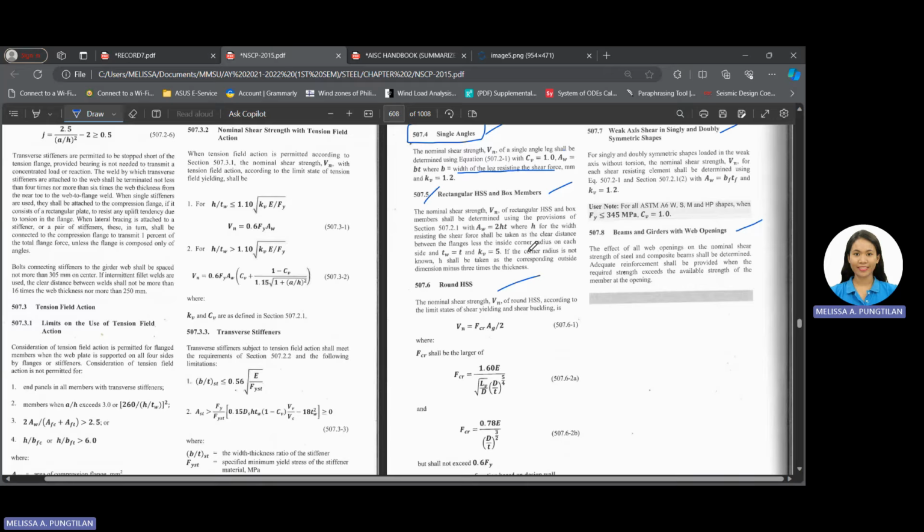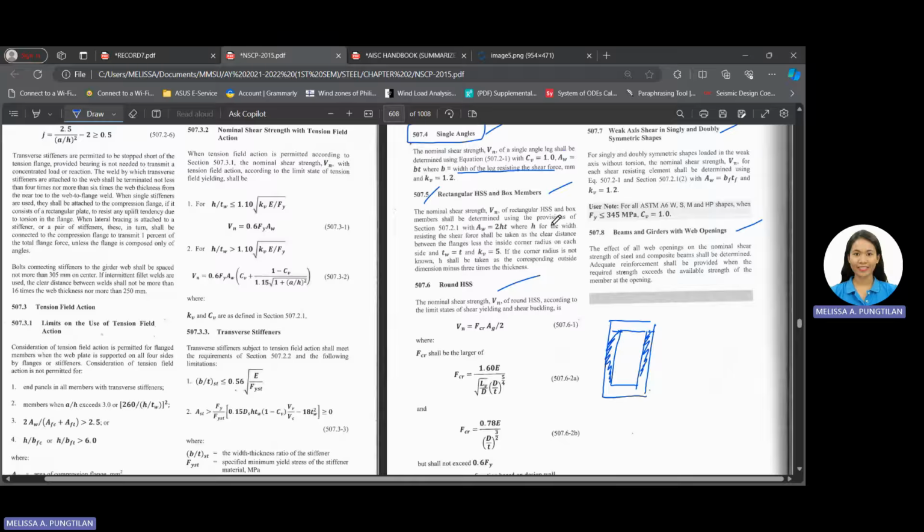Okay, gets. So yung HSS natin, okay, let's say this one. So ano yung nagre-resist sa ating shearing force? Ang nagre-resist is the web. Dito yun. Okay.